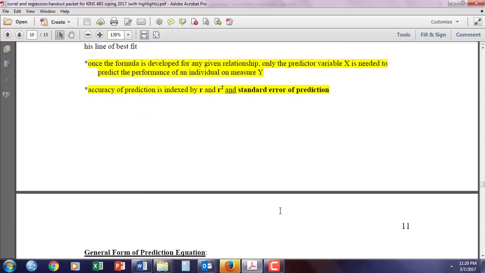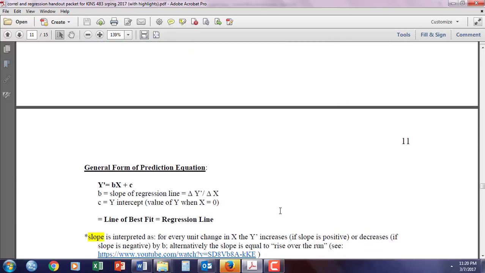So let's move on, and let's once again note that the general form of our prediction equation looks something like this. Our y predicted, or what's sometimes indicated with a y with a little carat on top, we call it y predicted or y hat, is equal to the slope times your x value plus c.